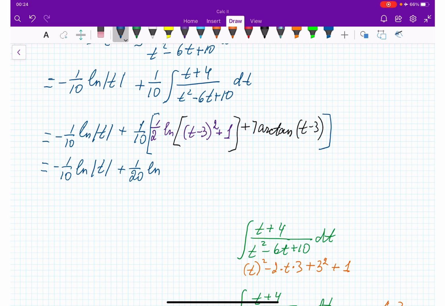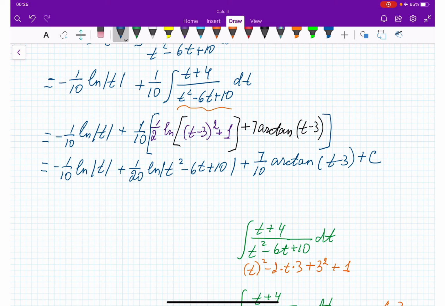If I open t minus 3 squared plus 1, I will get back to the quadratic expression we had: t squared minus 6t plus 10 absolute value, and plus 1/10 multiplied by 7, it's going to be 7/10 arctangent t minus 3 plus c.